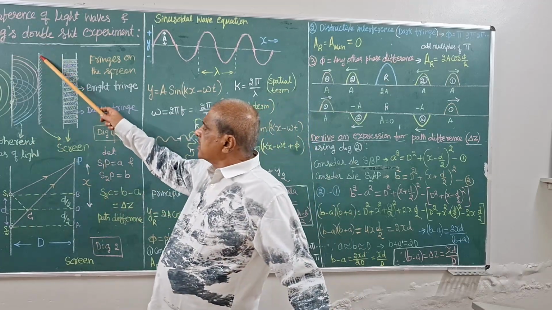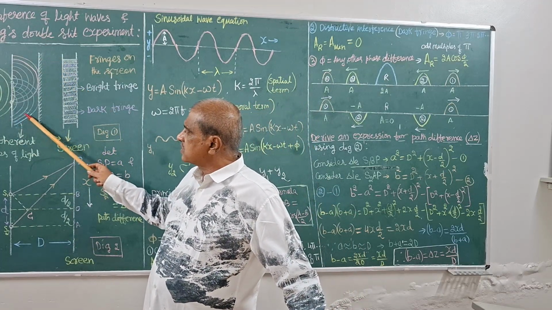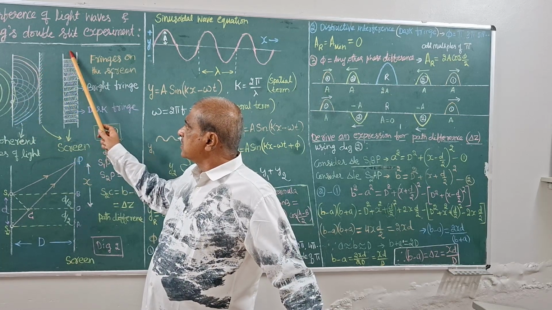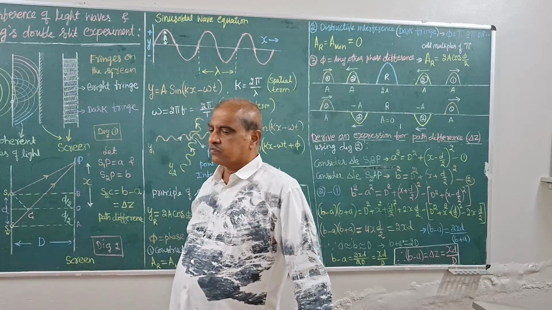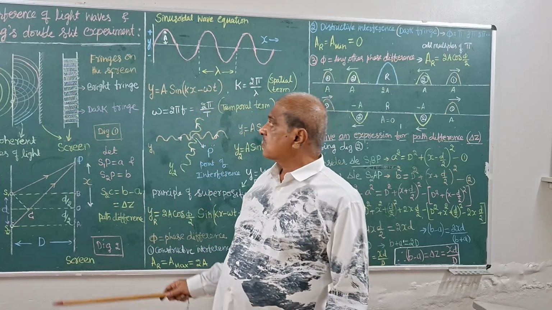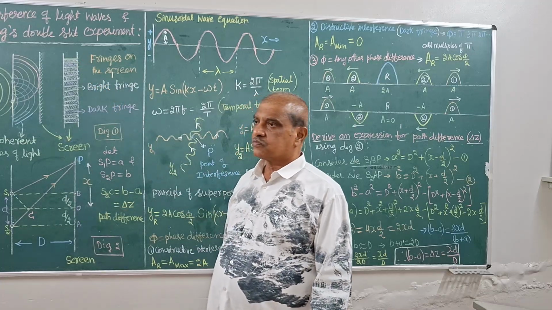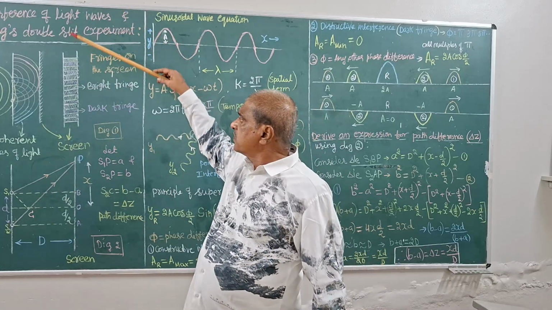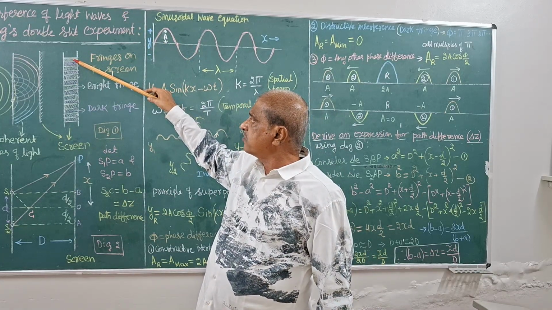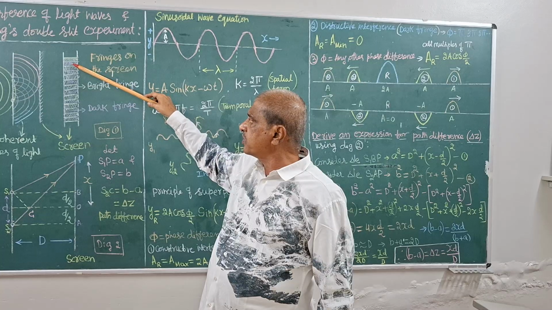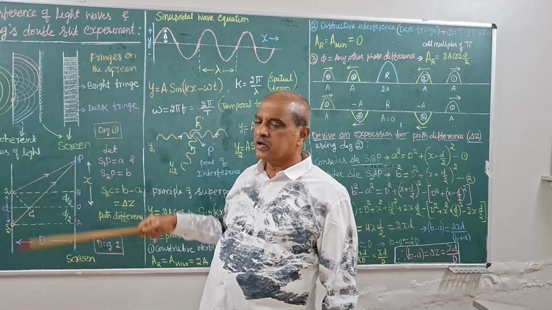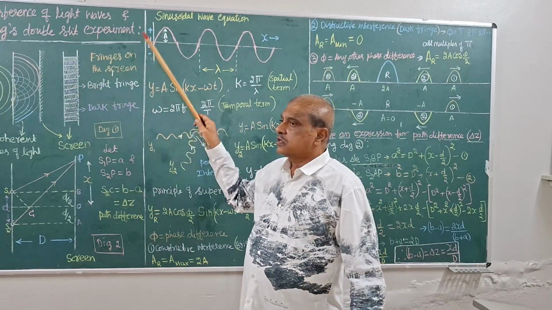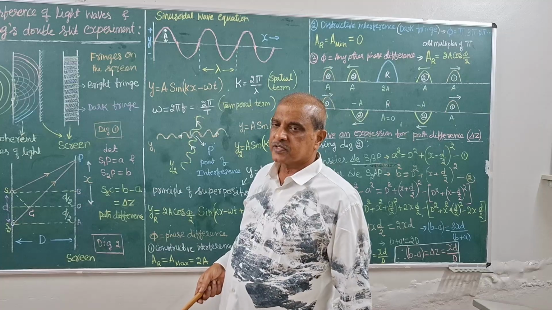And if you keep a screen like this at a certain distance, we can observe a series of fringes on the screen. Fringe means a band of light. These series of fringes are bright fringe, dark fringe, bright fringe, dark fringe, in an alternate fashion, of the same size and same width.